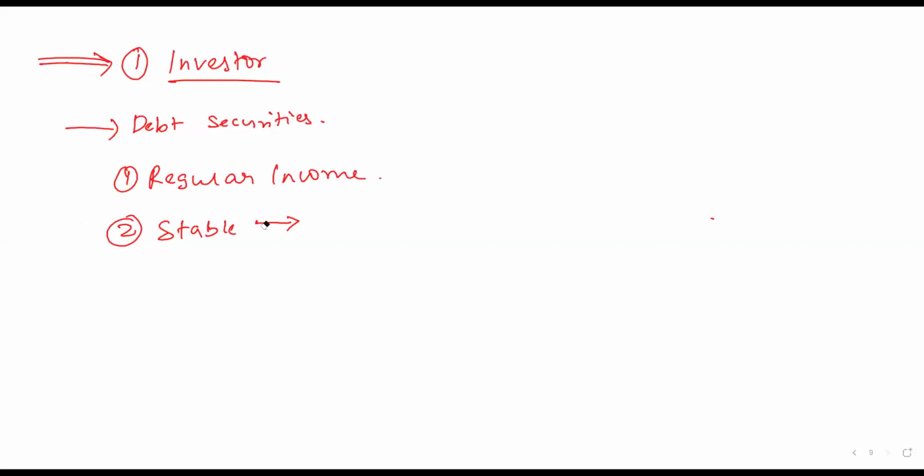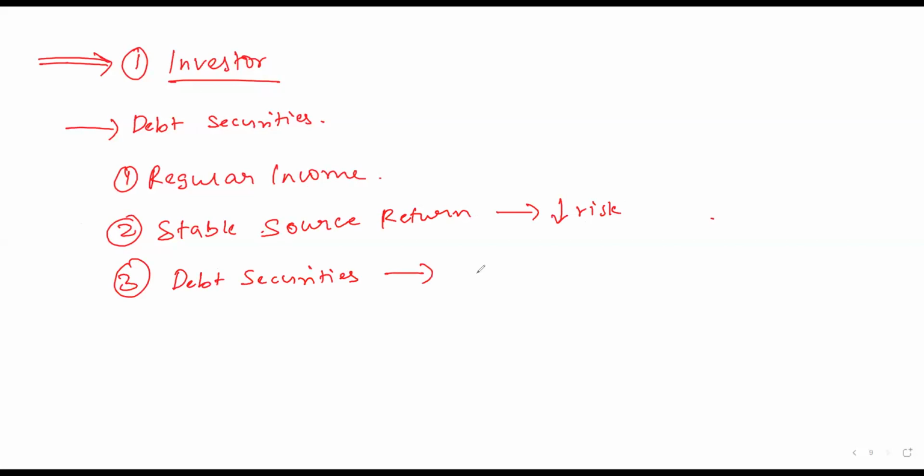So coming back to debt securities. As an investor, why would you invest in a debt security? To get a stable source of return. And a stable source of return means less risk. Third, some of the debt securities like government securities, treasury bills, etc., are backed by the government.